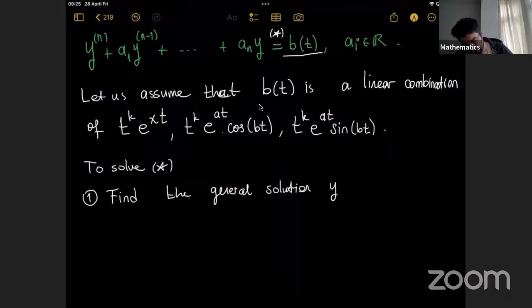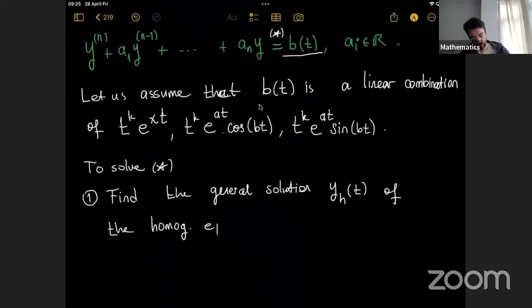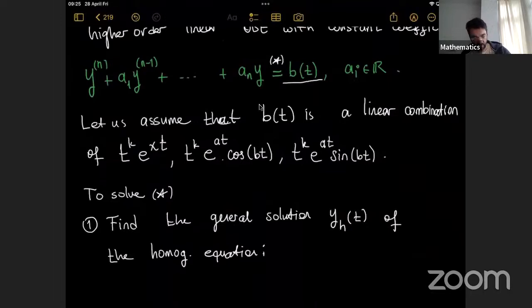Let's call it y h. H is for homogeneous. Solution of the homogeneous equation. The homogeneous equation is the same equation when b is 0.